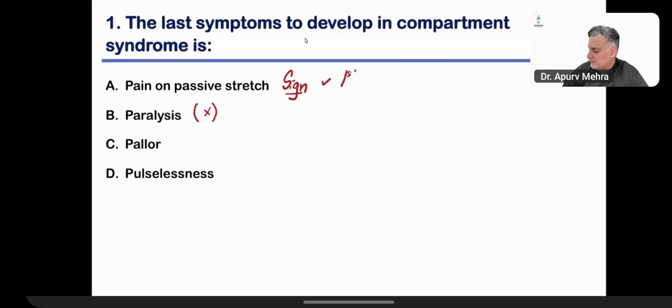It is the first thing. Pulselessness is not a symptom, it's a sign. So the answer is pulselessness, but it's a sign. Dr. P.K. Neat, we will talk about it. Okay, pulselessness.